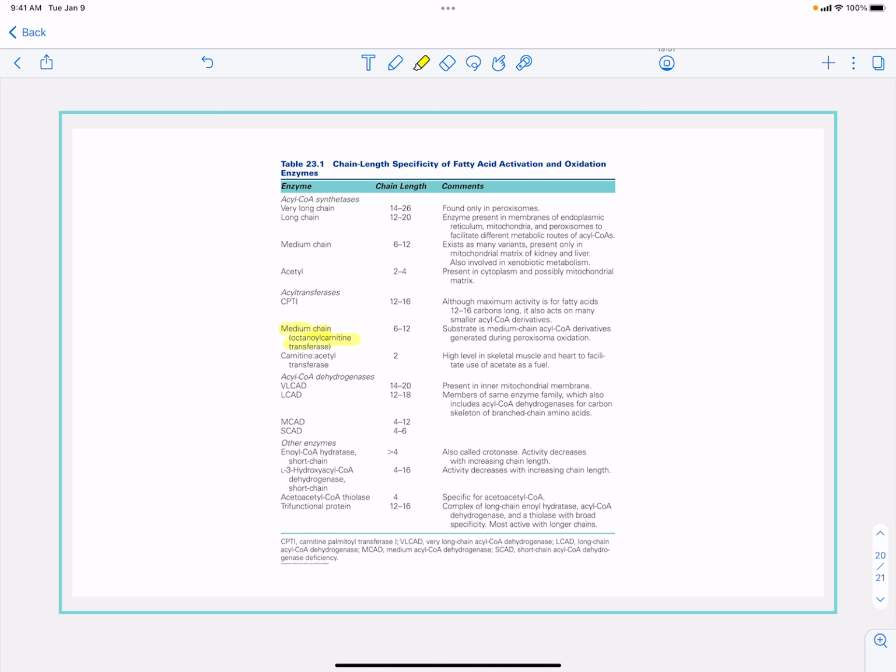You have your long chain, very long chain synthases, as well as medium chain. And so they're going to be present in many different things. You don't have to memorize all these, but just understand that if you see medium chain acyl-CoA dehydrogenase, it's working on a medium chain fatty acid, so about 6 to 8. Small chain is going to be working on a 2 to 4 carbon fatty acid.